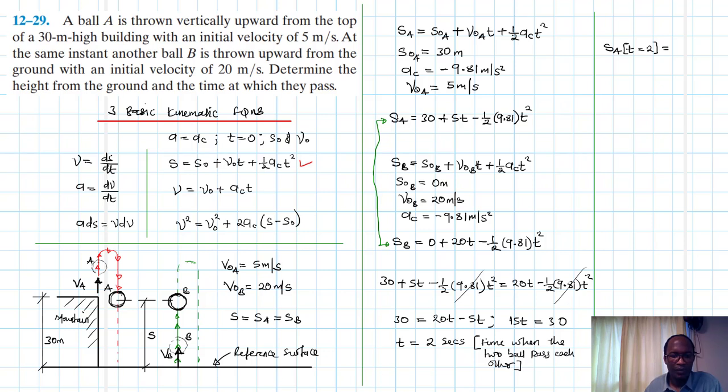So what do you get? I get 20.38 meters. Alright, let's use the other one, SB. We are going to find the same result again.